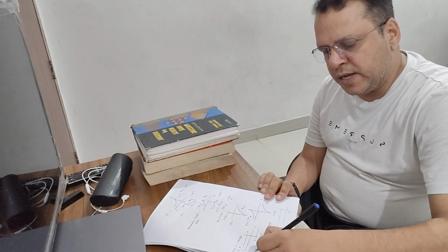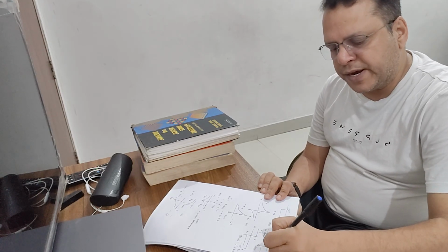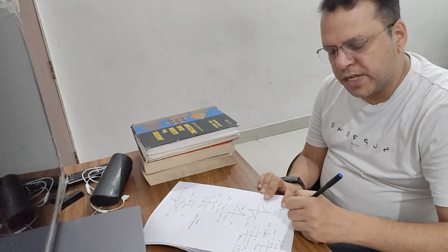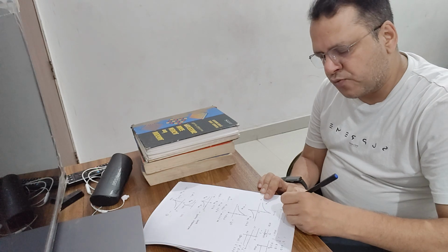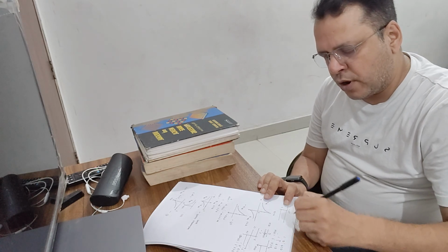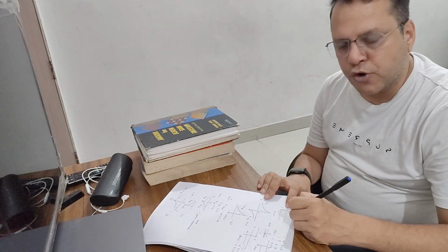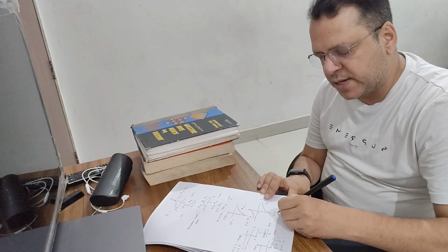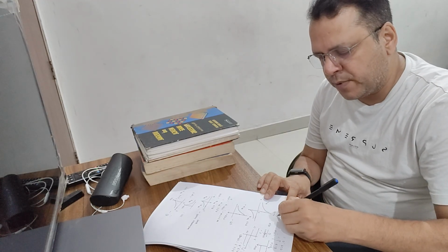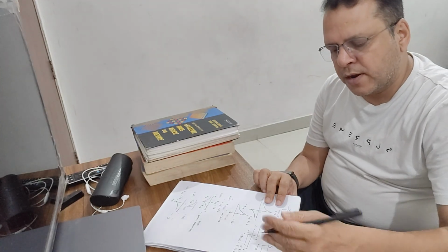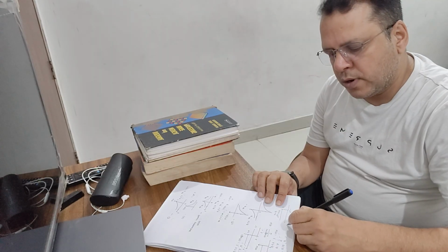Initially u of t was starting from t greater than equal to 0. Now this pulse is starting from minus tau by 2. So this is 1 for t greater than minus tau by 2, and this is given by u of t plus tau by 2.